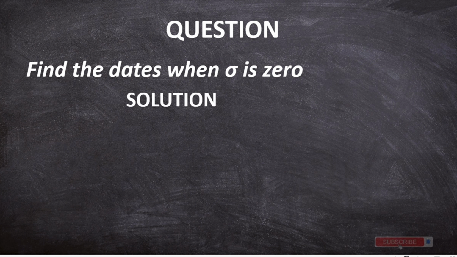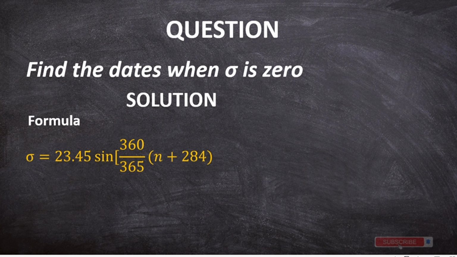So, presenting our solution, as we know, formulas will lead us first. The formula to calculate sigma is sigma equals 23.45 sine of 360 over 365 multiplied by n plus 284, right?